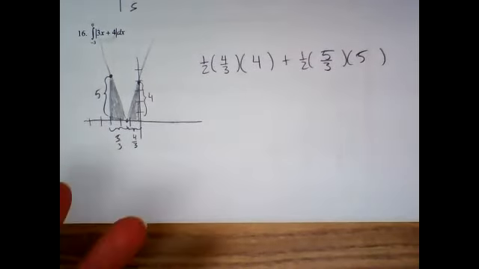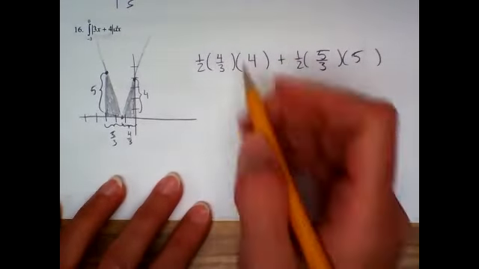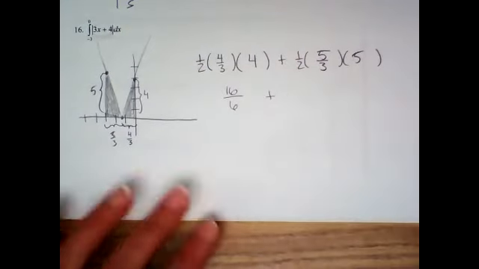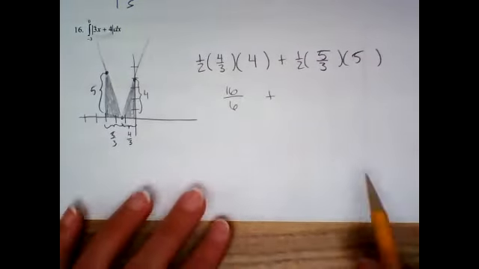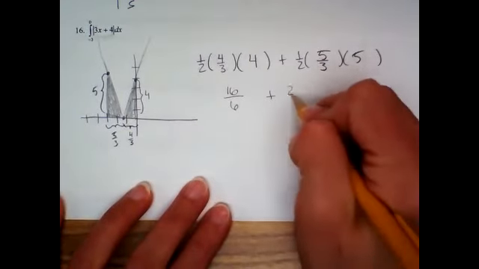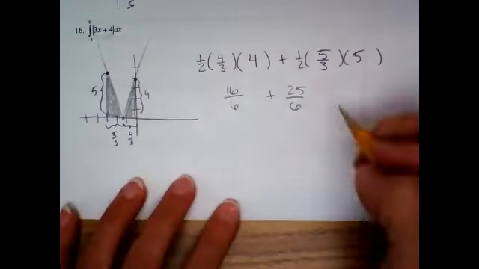Because what if it was multiple choice? Then you'd have to do that. You just multiply the numbers together. 4 times 4 is 16. 2 times 3 is 6. And so what would this one give us? 25/6. Ooh, they're both 6. That's great. We can add them together. So that would be 41/6.